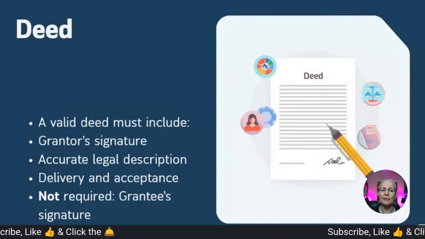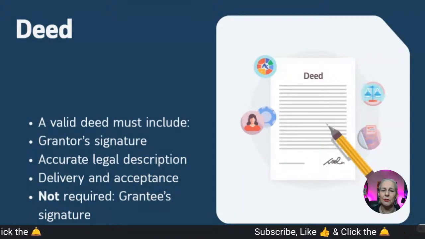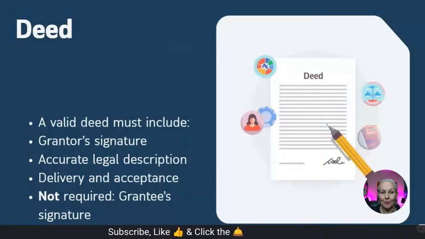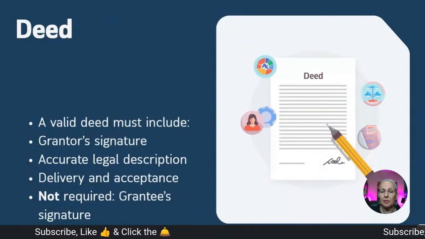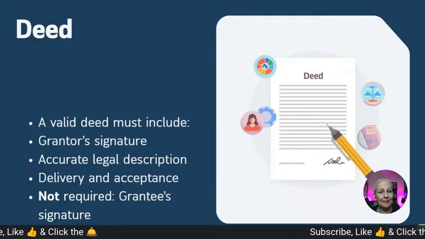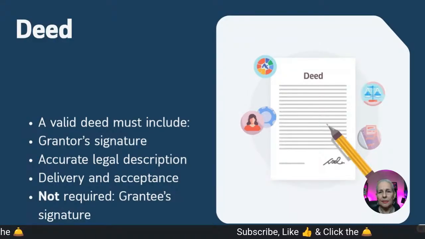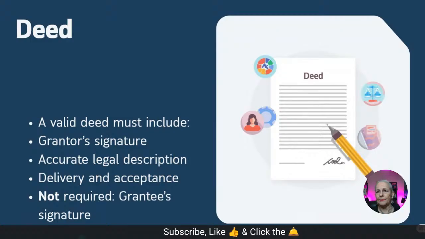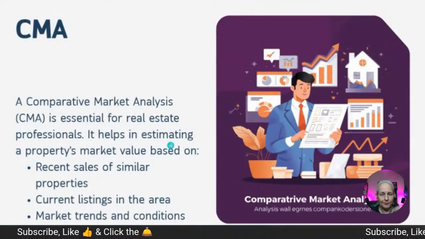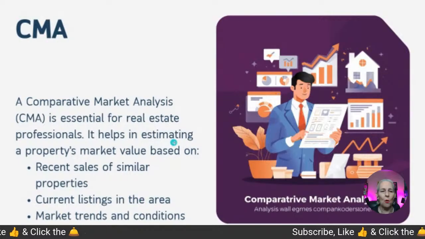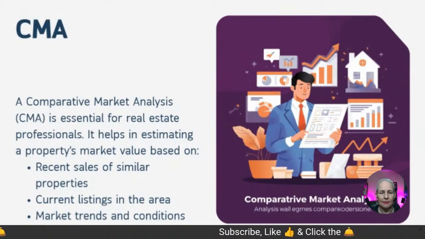So valid deed must include grantor's signature, the seller, accurate legal description, so it has to be in writing, delivery, it's delivered, and the other party accepts it, and a grantee is not required to sign. And the grantee is who? The purchaser, the buyer. Remember your OR and your EE, the giver and the receiver.